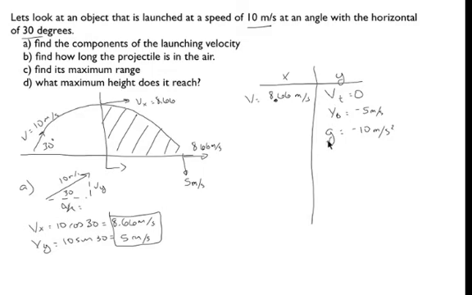Again, from our procedure, if we can find the time, we can solve a lot of other things. So the time to go from the very top down to the bottom, we can use our acceleration equation: velocity at the bottom minus velocity at the top, divided by gravity. So we have minus 5 minus 0, divided by minus 10, so the time is 1/2 of a second.